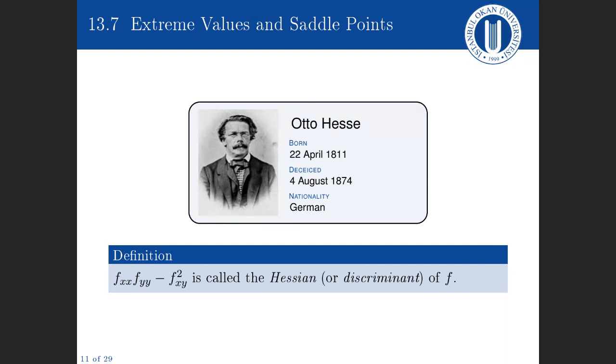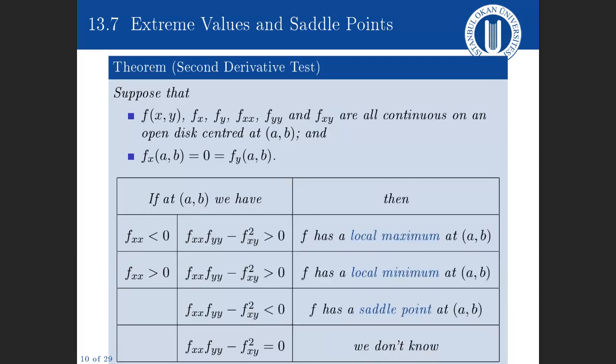If the Hessian is strictly positive, we're going to look at fxx, and that will tell us whether we have a maximum or a minimum. If the Hessian is negative, then we will know that we have a saddle point.